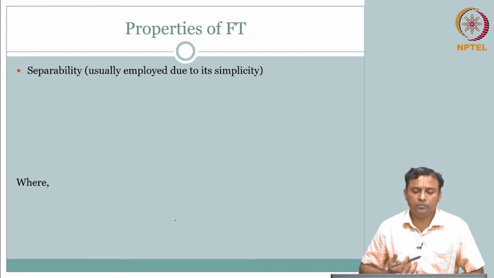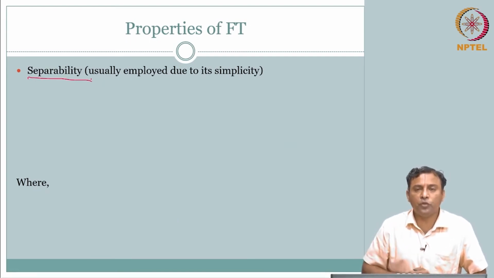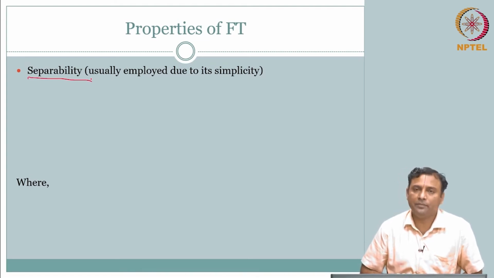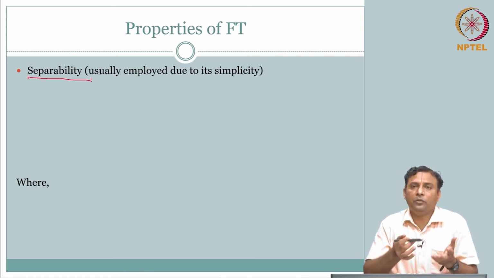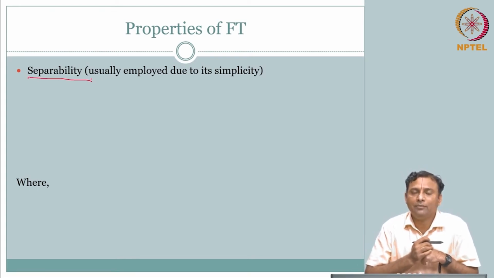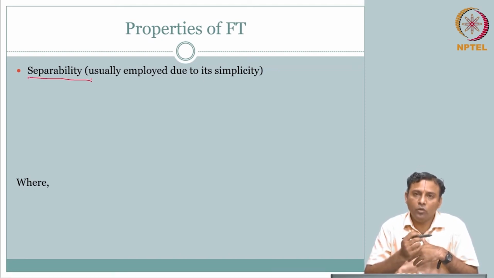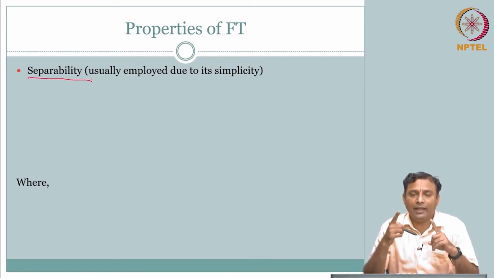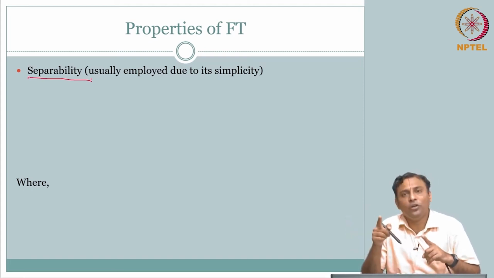Just to state another useful property: if you have capital F of u comma v as the 2D Fourier transform of signal small f of x comma y, that is fine, you do the Fourier transform operator. But instead of doing the 2-dimensional Fourier transform, you can also do 2 1-dimensional Fourier transforms, meaning you take the Fourier transform along the x direction and then cascade it with a Fourier transform along the y direction.